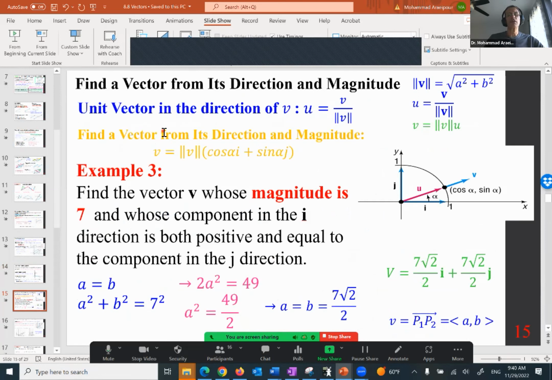To find a vector from its direction and magnitude, we use v equals the magnitude of v times cosine alpha i plus sine alpha j. That is the case here. Alpha is the angle that it makes with the positive side of the x-axis.